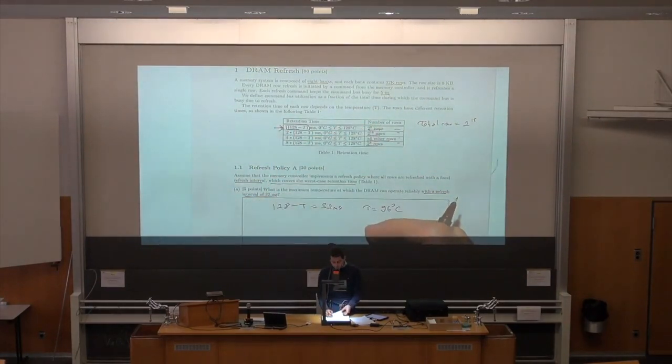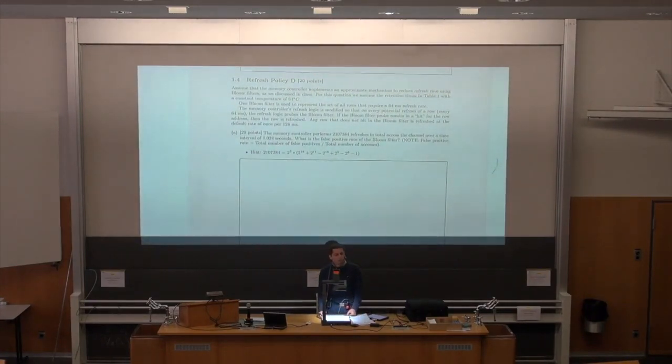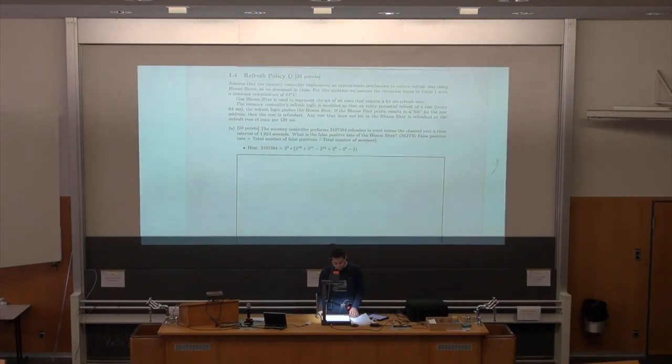So if the Bloom filter says yes, the memory controller refreshes such rows every 64 milliseconds. If not, it will refresh it every 128 milliseconds. So this is basically the policy of this memory controller.